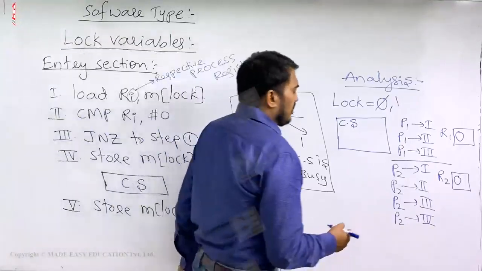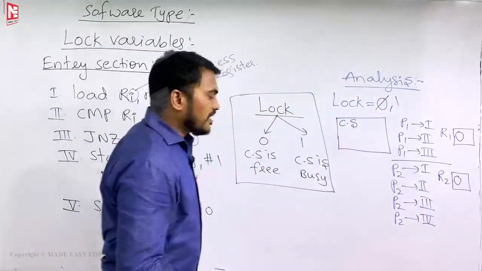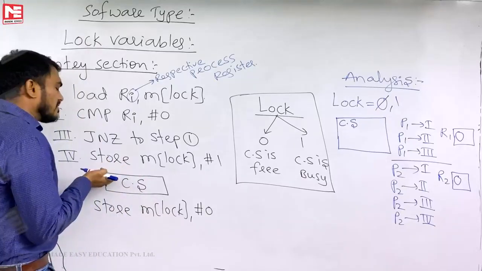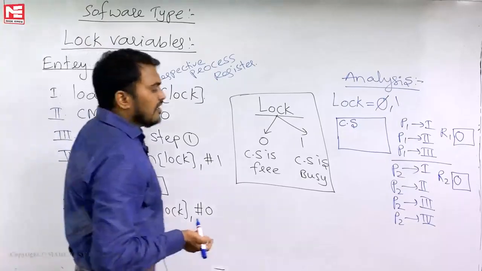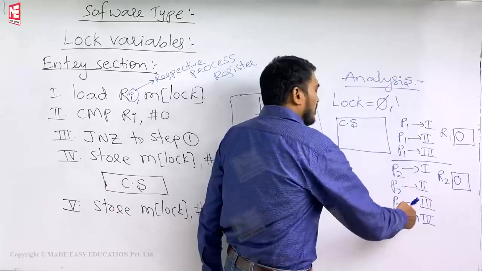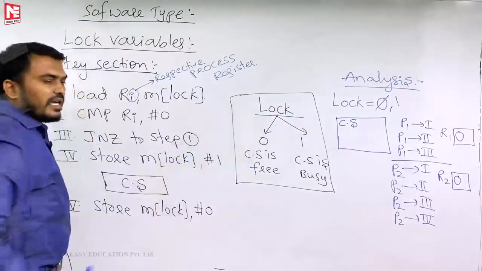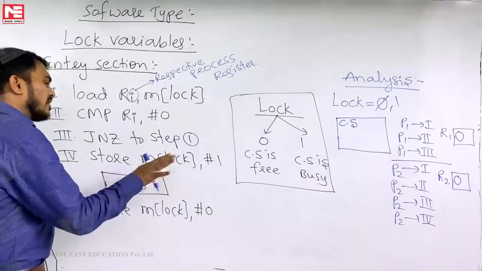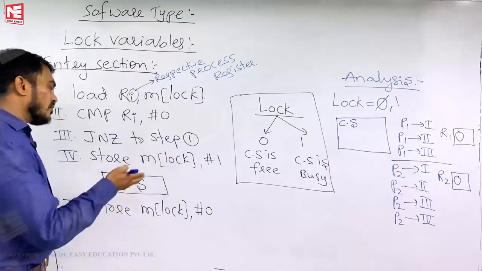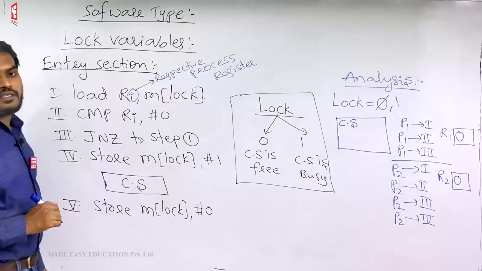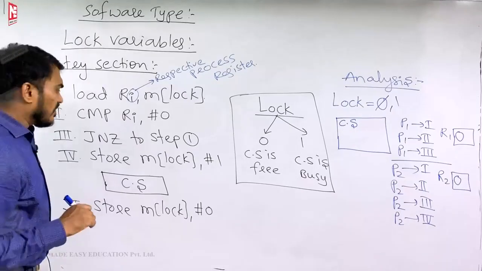And next, now look at here. So now the fourth instruction is completed. So it means what? The process is entering into the critical section. Remember, if P2 has completed the fourth instruction, it is automatically inside the critical section. Now a small point I want to convey here also.